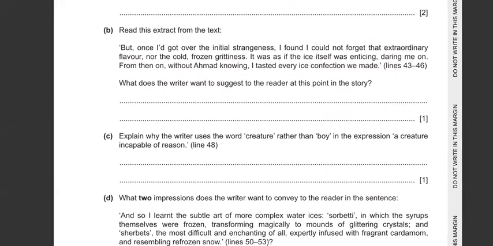Part B says: read this extract from the text. But once I got over the initial strangeness, I found I could not forget that extraordinary flavor, nor the cold, frozen grittiness. It was as if the ice itself was inciting, daring me on. From then on, without Ahmed knowing, I tasted every ice confection we made. What does the writer want to suggest to the reader at this point of the story?